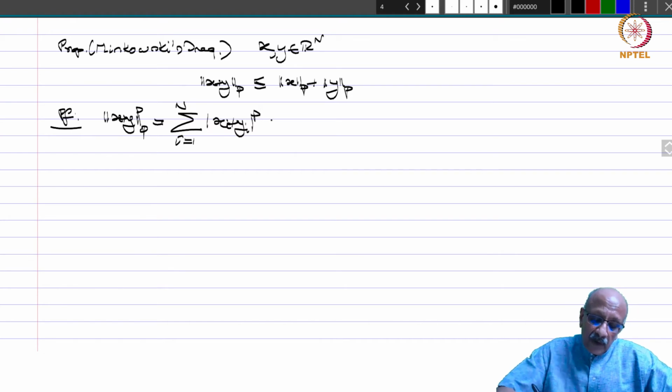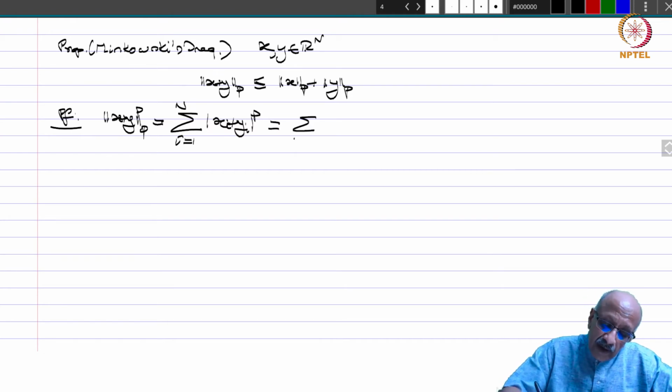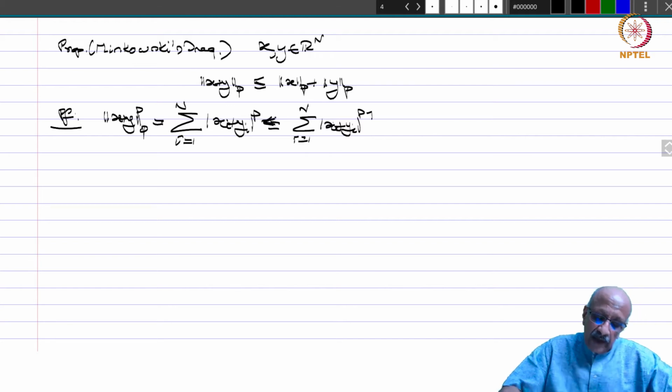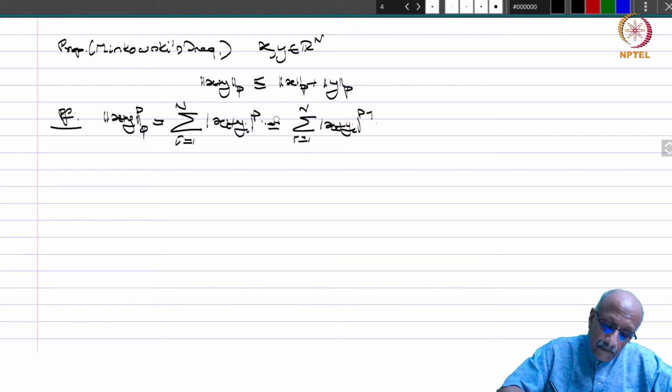And this I am going to break up as sigma i equals 1 to n mod xi plus yi power p minus 1 into mod xi plus yi, which is less than or equal to mod xi plus mod yi.